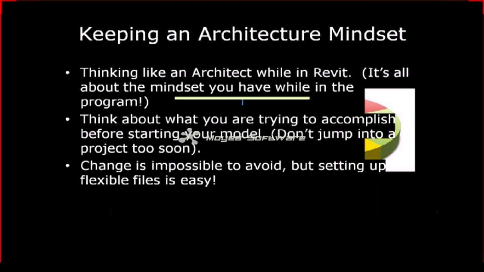Think about what you're trying to accomplish before you start modeling. Do you ever jump into a physical model, a final physical model, without knowing what you're doing? You don't. So we're going to tell you what's too soon and what's not. And then, change is impossible to avoid, but to set up flexible files is easy. So we're going to show you how to set up those flexible files where when a change does occur, it occurs more fluidly than it would if you weren't thinking like this.